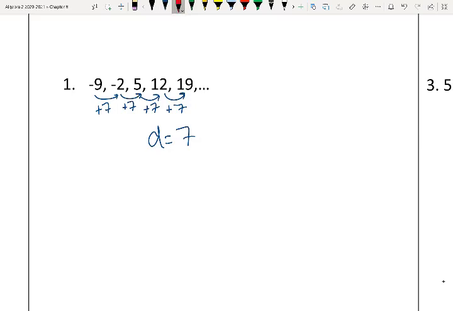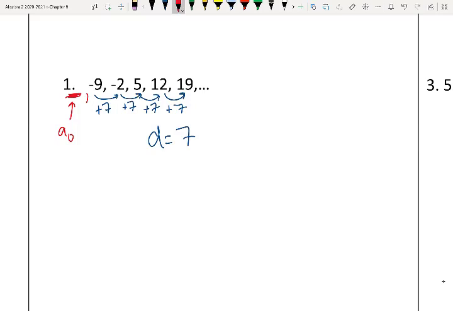So what my a sub 0 would be, whatever number would have to come before -9 that still fits in my pattern, is a sub 0. So this term right here is a sub 0. There's a couple of different ways of doing it. You could just logically look at it and figure out what you would have to add 7 to get -9. You could work backwards.